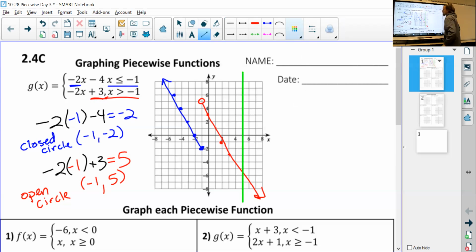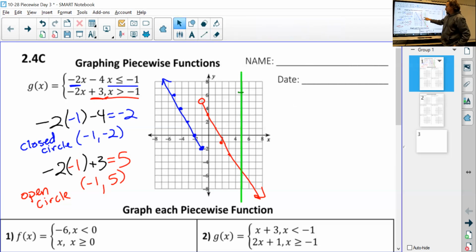You notice if we take this vertical line, no matter where I put it, even at -1, it only crosses one function at a time. Right? That's why we have one closed circle here that actually includes the point -1. This one up here approaches -1, but doesn't actually get to it. Because it still has to pass the vertical line test, and this will tell us, did I graph it the right way?